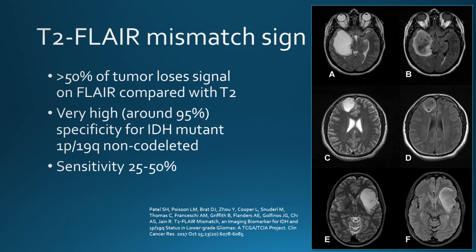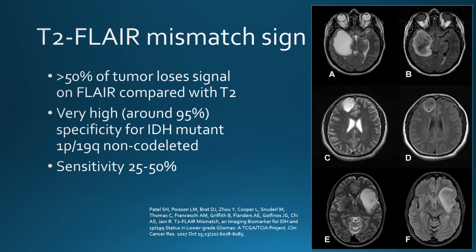A few years ago, Dr. Patel and his colleagues described the T2 FLAIR mismatch sign, and what that means is that most of the tumor loses signal in the FLAIR compared with the T2. So if you look at the three examples on the right, you can see all of the tumor is bright on T2, whereas when you look at the FLAIR, the majority of it gets darker compared with the T2.